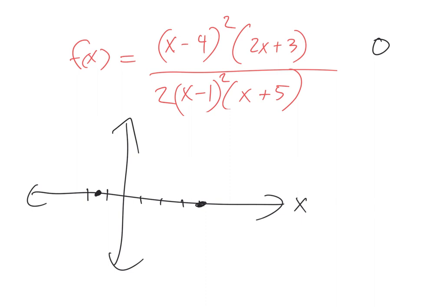A horizontal asymptote will occur at a place where the numerator does not exist. Is there any restriction on any value I can put in for x? And the answer is no, there's not. So I'm not going to have a horizontal asymptote. A horizontal asymptote would occur if, in the numerator, I got a square root, then you look at that and say, well, you can never take the square root of a negative number in a real number system.